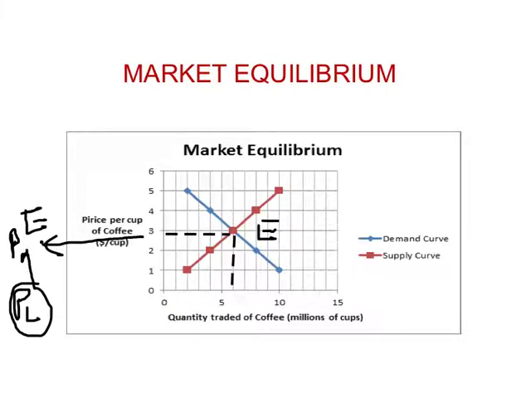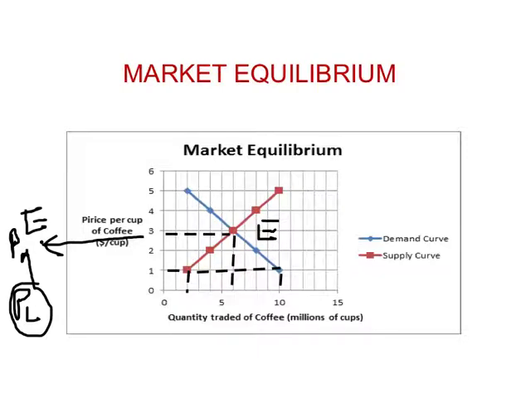In such a case, when the price is $1 per cup, how much is quantity supplied? It is 2 million cups of coffee. How much is quantity demanded? It is 10 million cups of coffee. Or what we have is a shortage of this good.